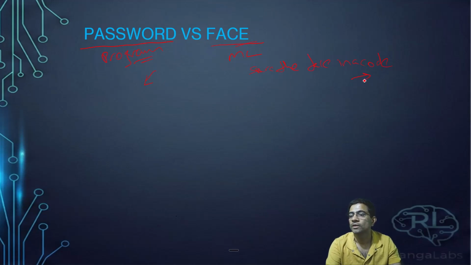Which is almost impossible, because even the face itself keeps changing every day. You can have some makeup, you can have eyes closed, you can have eyes open. It is impossible for the programmer to write a program to identify a face like a password. That is where we need machine learning.